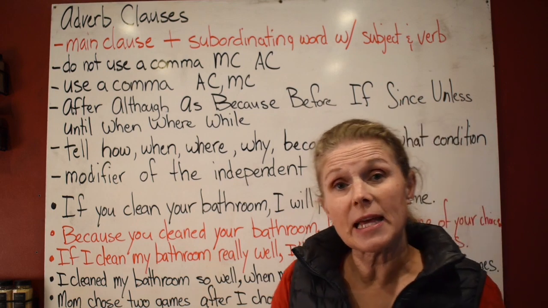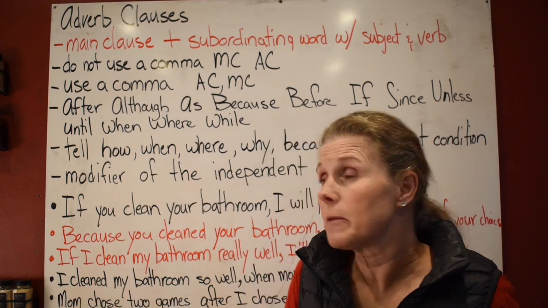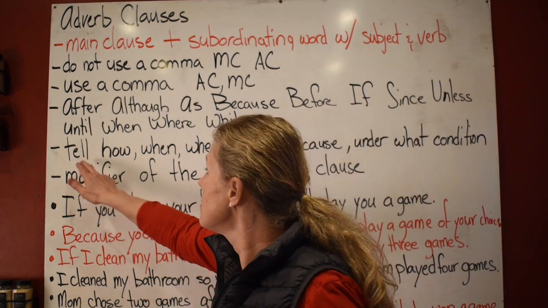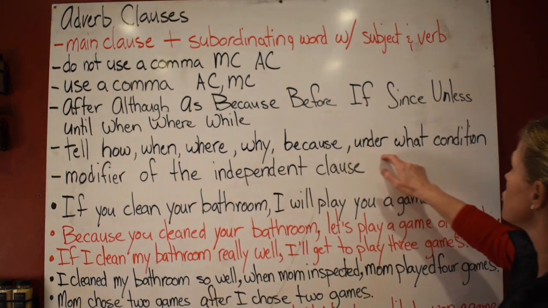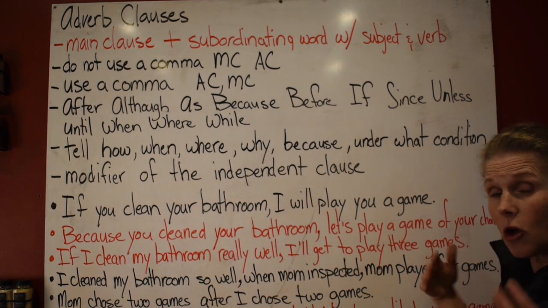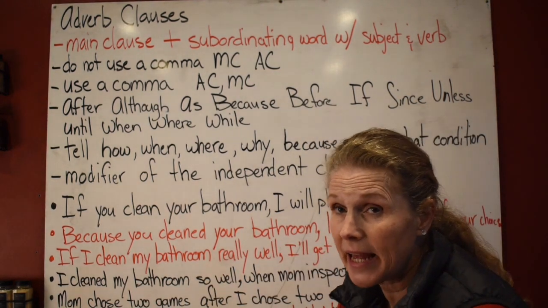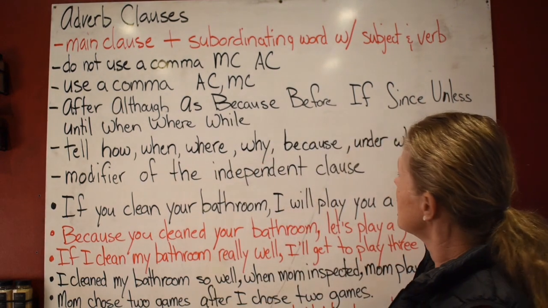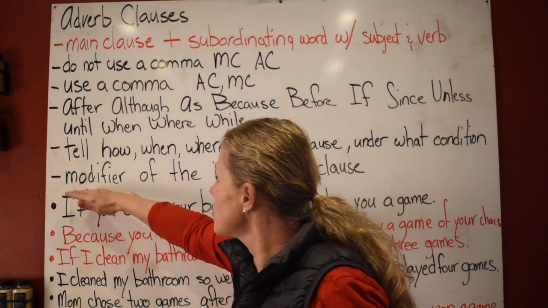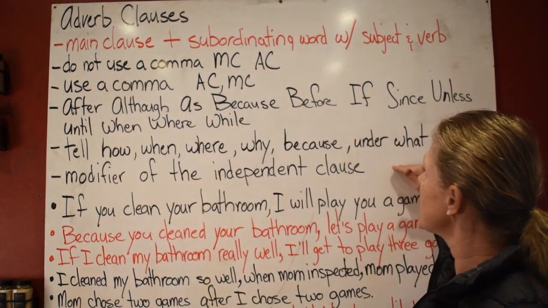Adverb clauses are the same as an adverb. Adverb clauses tell how, when, where, why, because, under what condition, and oftentimes to what extent. They also are modifiers of the independent clause.